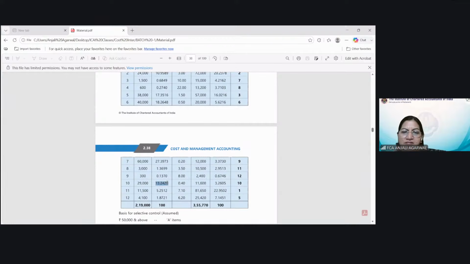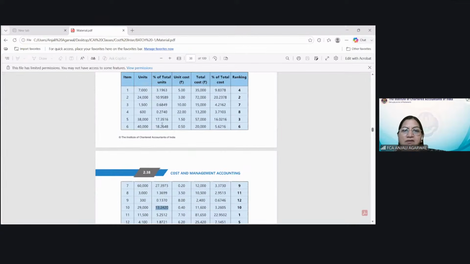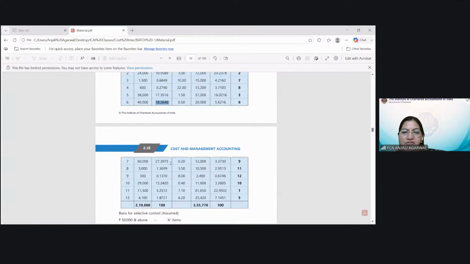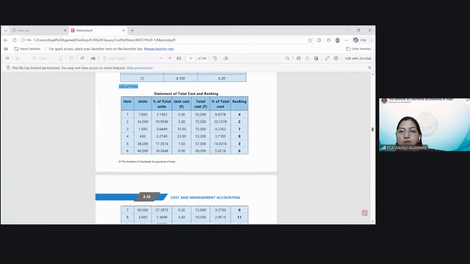This could also give me a C category or maybe a B. This is C, this is C. So items number 5, 6, and 7 should generally be a C category for me. And if I look at the number of items which are very less, like 1.39, this could be category A. Item number 9 should certainly be category A, but I'm not sure because we'll go by value basis.